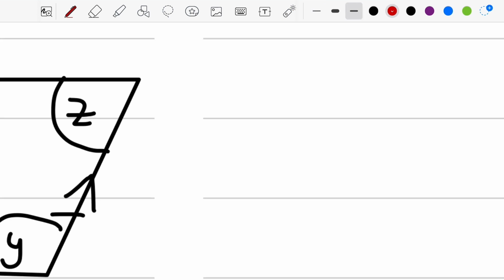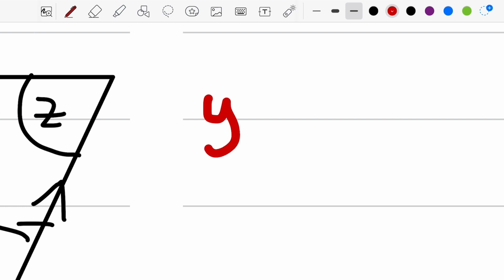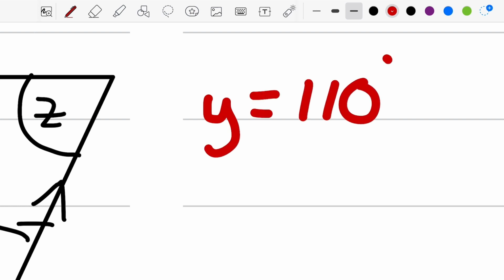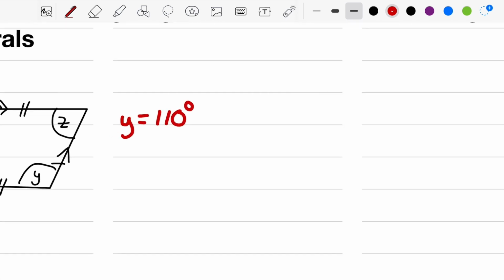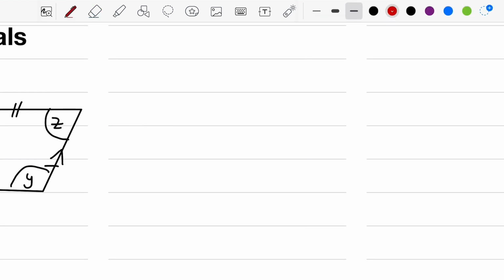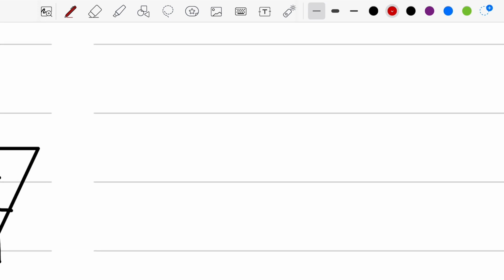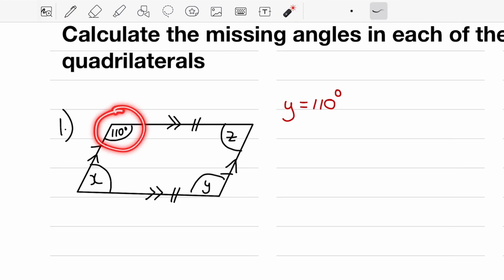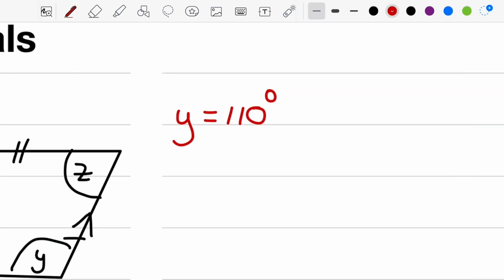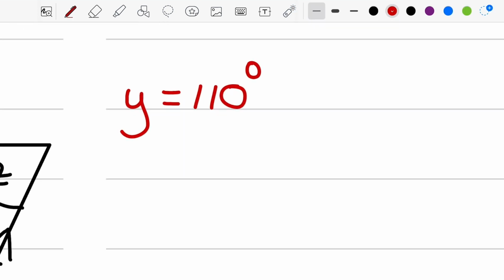So y will be equal to 110 degrees. So if we add 110 plus 110, that will give us 220.